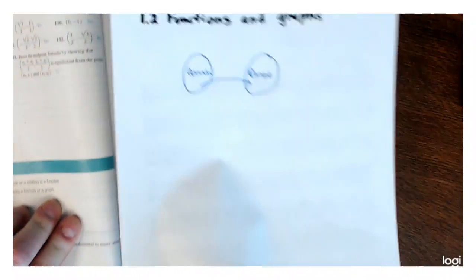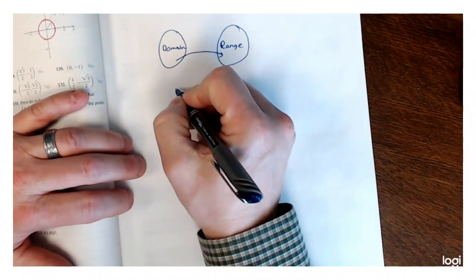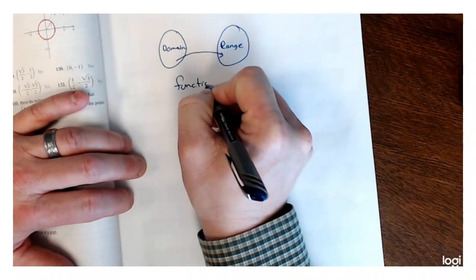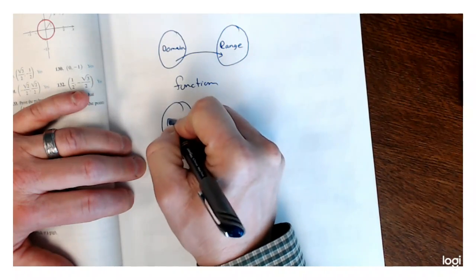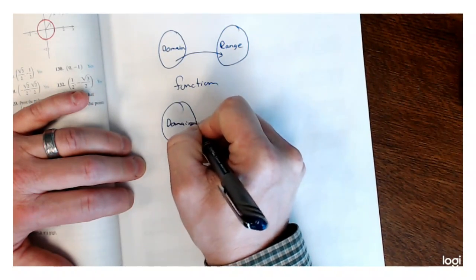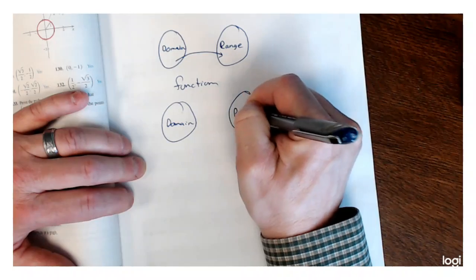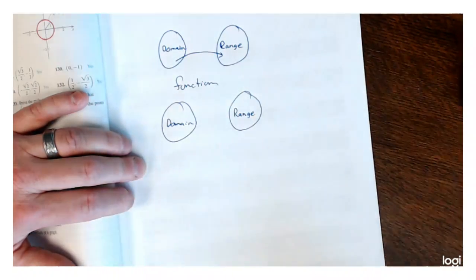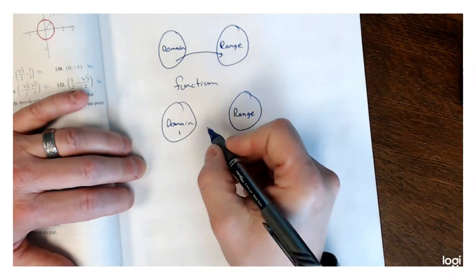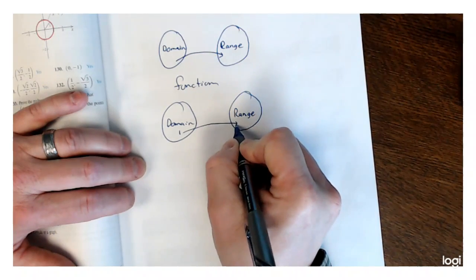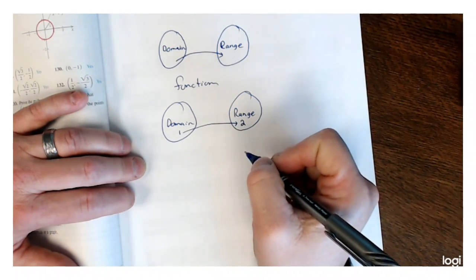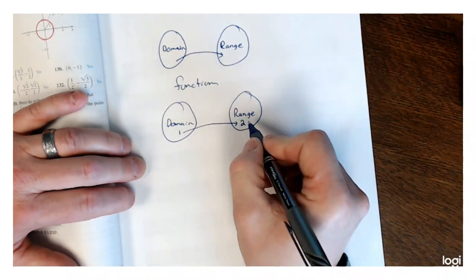So what that means is in an actual function, you still have your domain and you still have your range. But for every number you have here, it maps to exactly one number over here. It only maps to one.